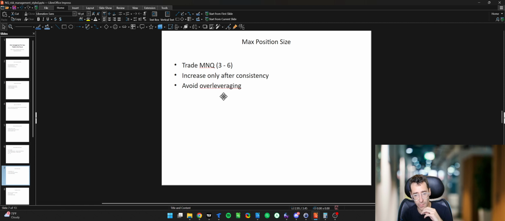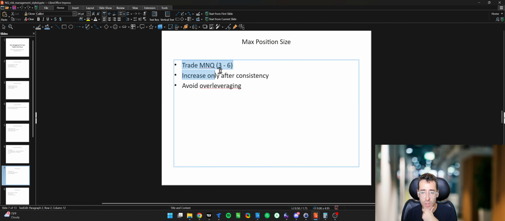I trade 6 MNQ max, and I scale in variations of 3. Sometimes I do trade NQ, but I really recommend that new traders just trade MNQ and they trade 3 to 6. Stick with that, and you'll stay in the game.